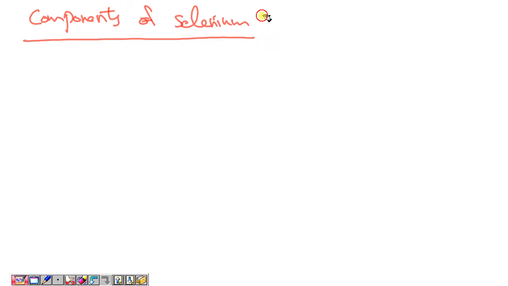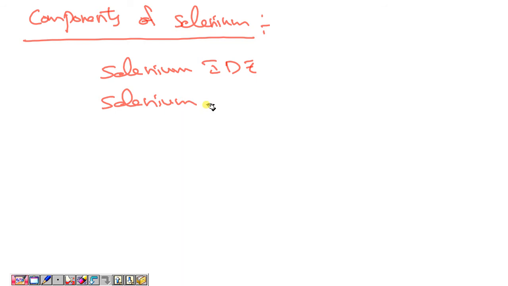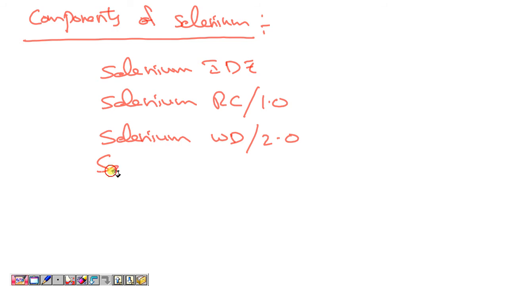Components of Selenium. What are the components of Selenium? Here: Selenium IDE, Integrated Development Environment, Selenium RC, otherwise 1.0, Selenium WebDriver, say 2.0, and Selenium Grid.